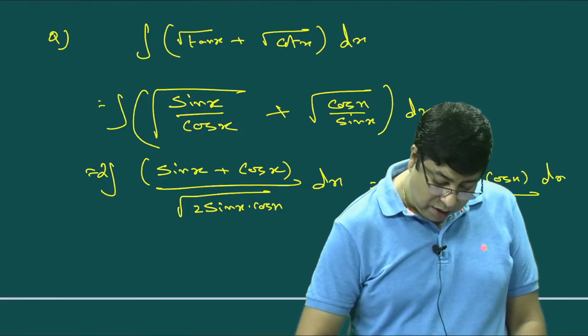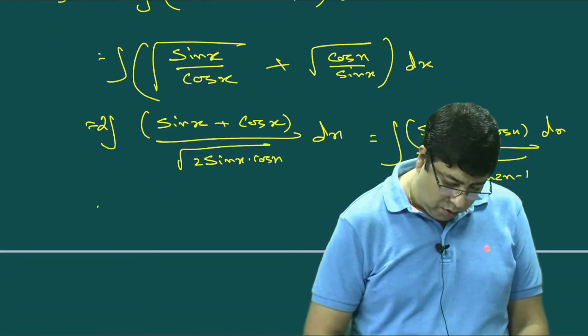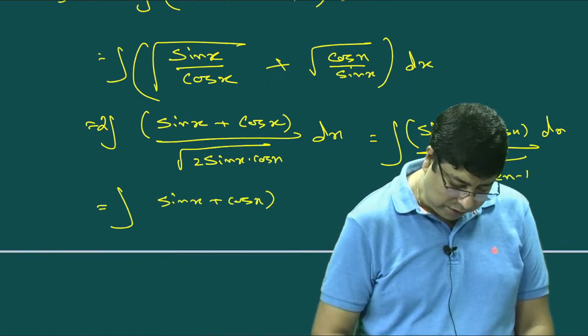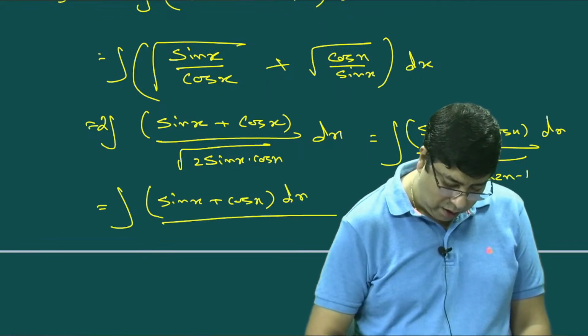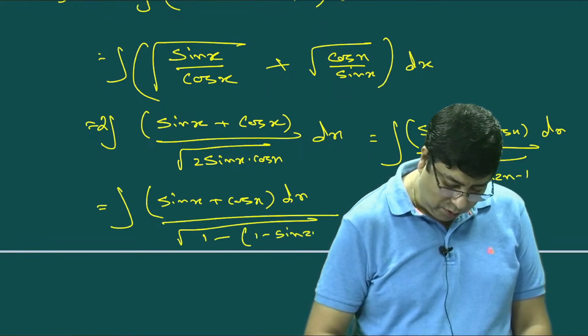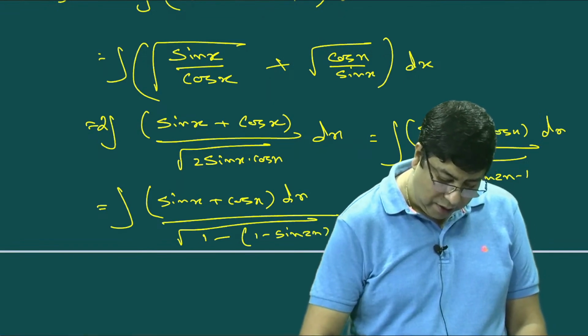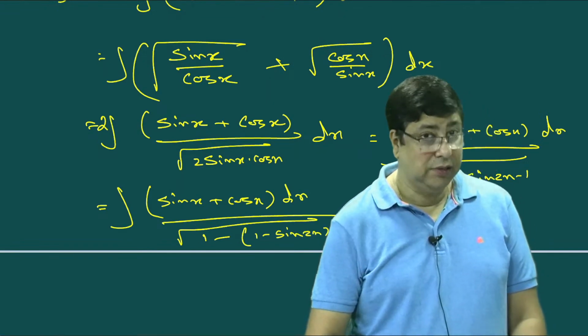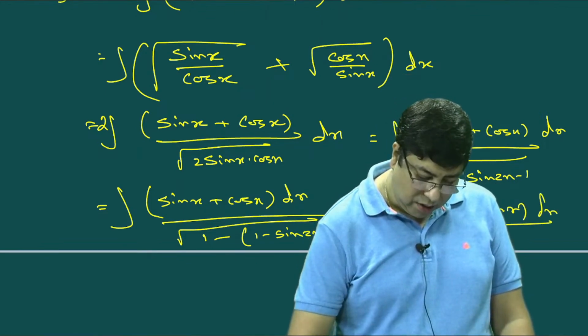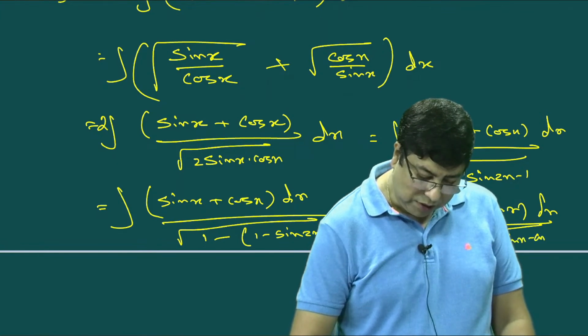We are getting here 1 plus sin 2x minus 1. So we can write here sin x plus cos x total divided by root over of 1 minus sin 2x, and the denominator is root over of 1 minus sin x minus cos x whole square.